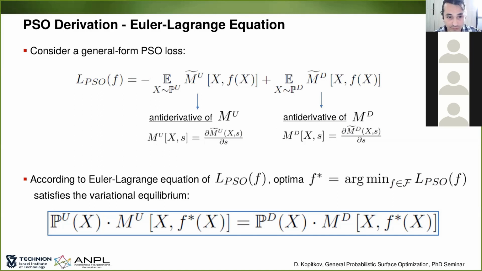The functional derivative of this equation, if it's equal to 0, will produce the Euler-Lagrange equation. It basically says that the optimum of our functional, f star, will satisfy the Euler-Lagrange equation, and it's not really hard to show that it is just the balance state I showed before. So basically, this equilibrium that I claimed before is just the Euler-Lagrange equation of this functional that we defined.